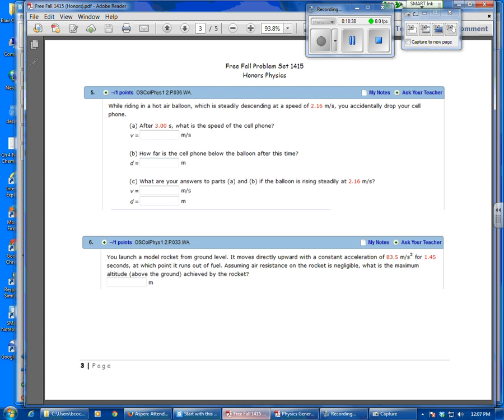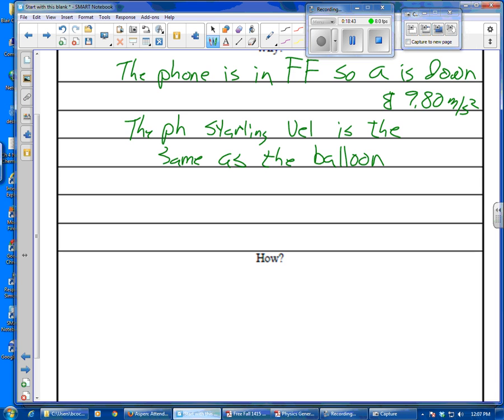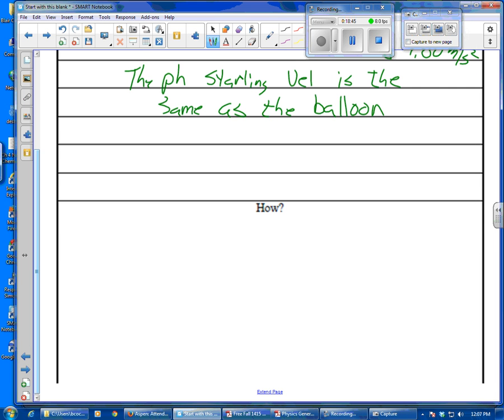All right? And if we were to draw those, here's our happy little balloon, right? Let me draw that. Yeah, that's good.